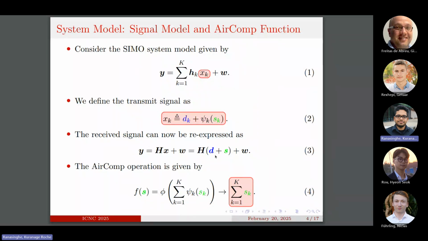As you can see, this D is the data once again, and the S is the computing signal vector. And to make the AirComp operation a bit easier, we also assume that these pre and post processing functions are just mapped to themselves, and we just obtain a sum, equation 4. So our f of s is going to be the sum of all the S_Ks that have been transmitted.